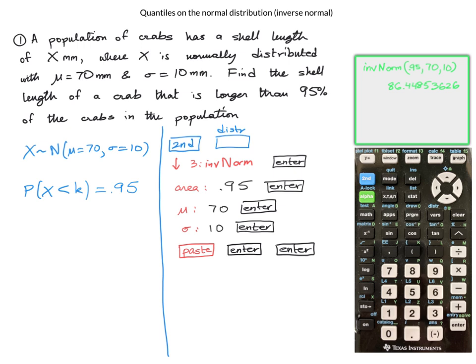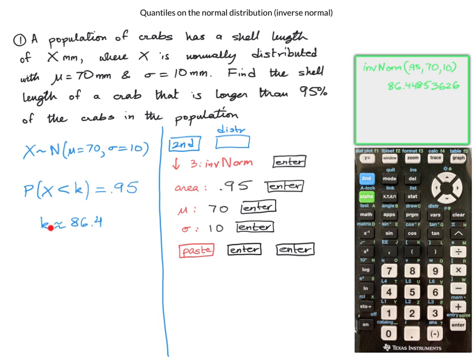Now, this value that it just spit out is the value of k that we were not sure what it was. So I can now round this to approximately 86.4. So what we are saying is that if we have a crab whose shell length is 86.4, then the probability that another crab that we select from the population has a length shorter than that 86.4 is 0.95.